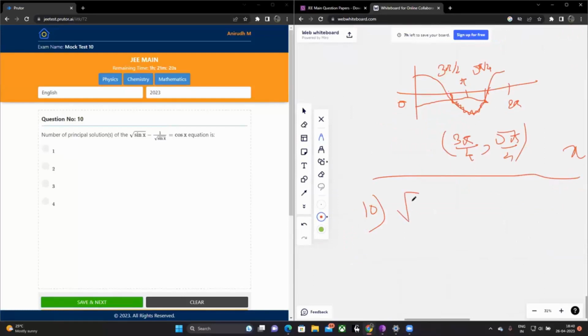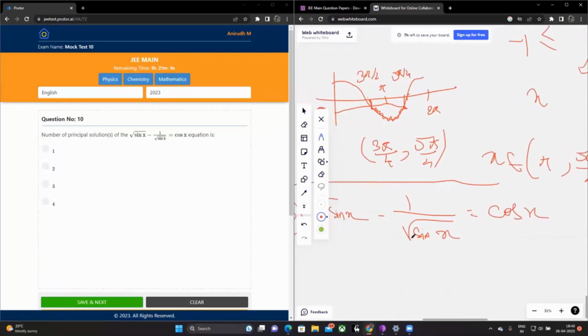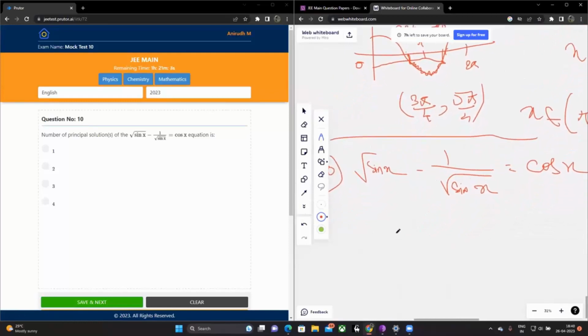Question number 10. Number of principal solutions of root sin x plus minus 1 by root sin x equals cos x, right? And when you see a root sin x and 1 by root sin x, the first thing you should think of is squaring, right? So this basically is sin x minus 2 plus 1 by sin x, because root sin x and 1 by root sin x just cancel out each other.